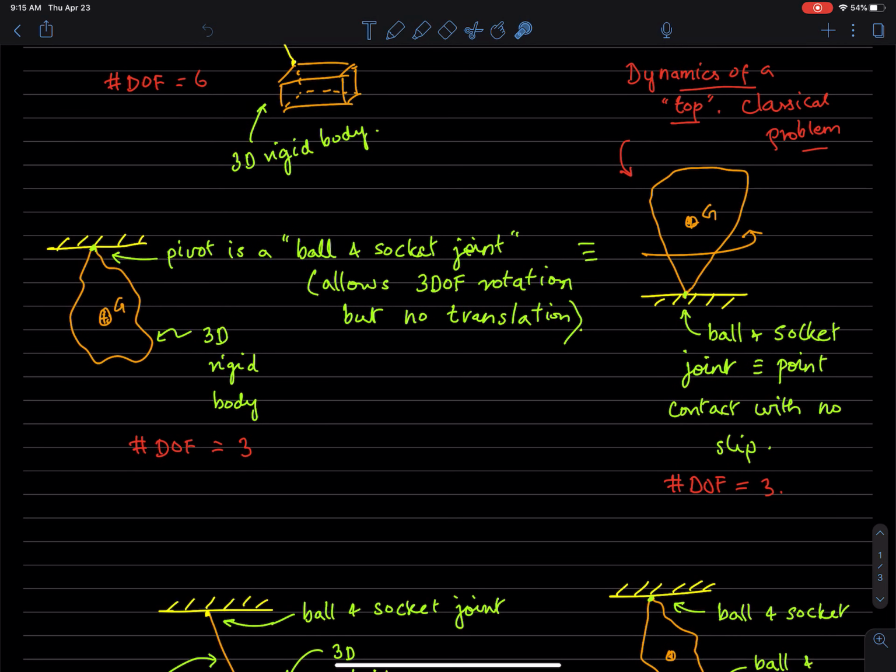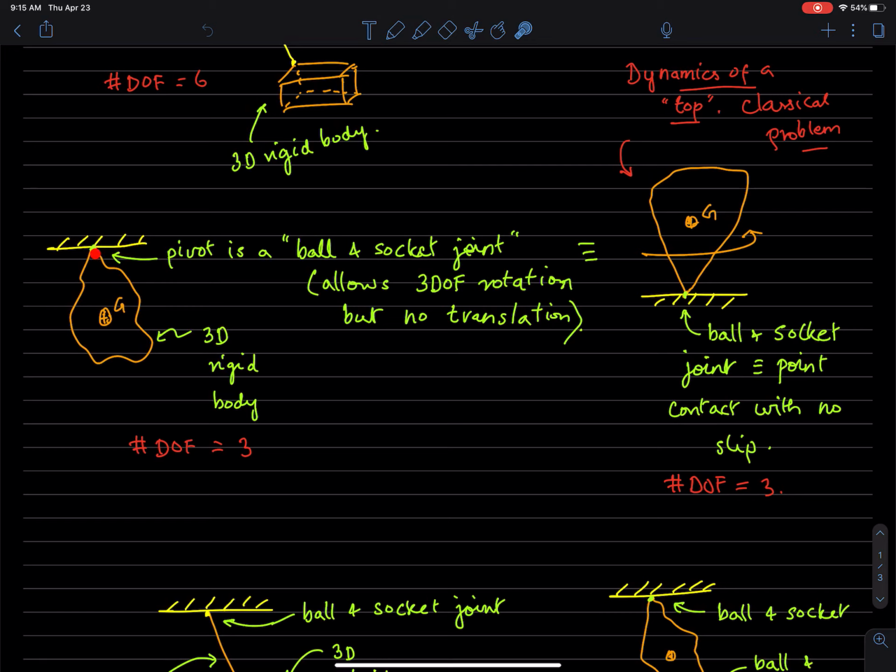Maybe the most direct analog of a simple pendulum or even a compound pendulum from 2D to 3D is a 3D rigid body version of that, where you have a 3D rigid body and it is attached to the ceiling, let's say, at a single point.